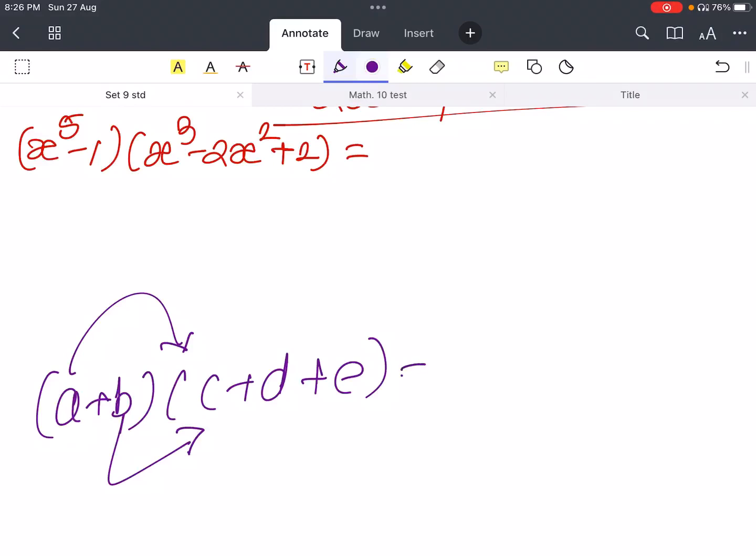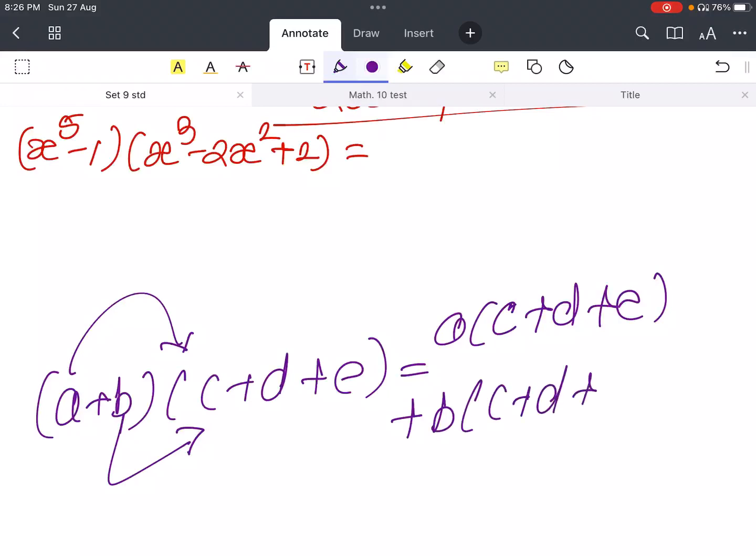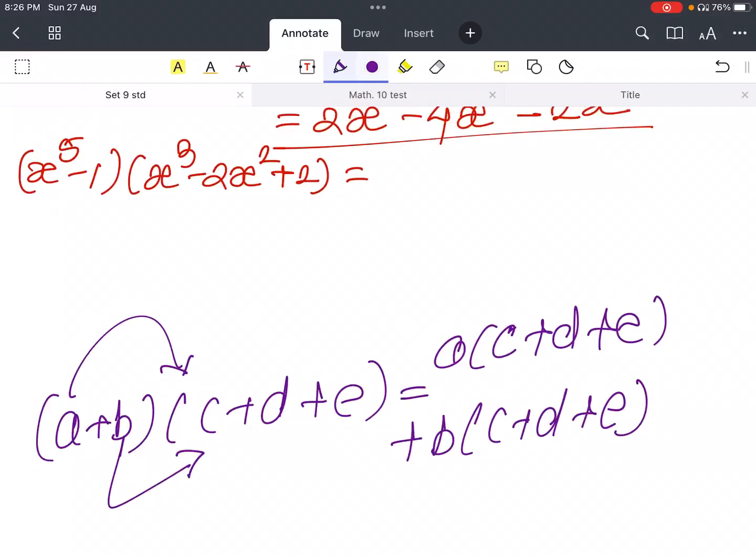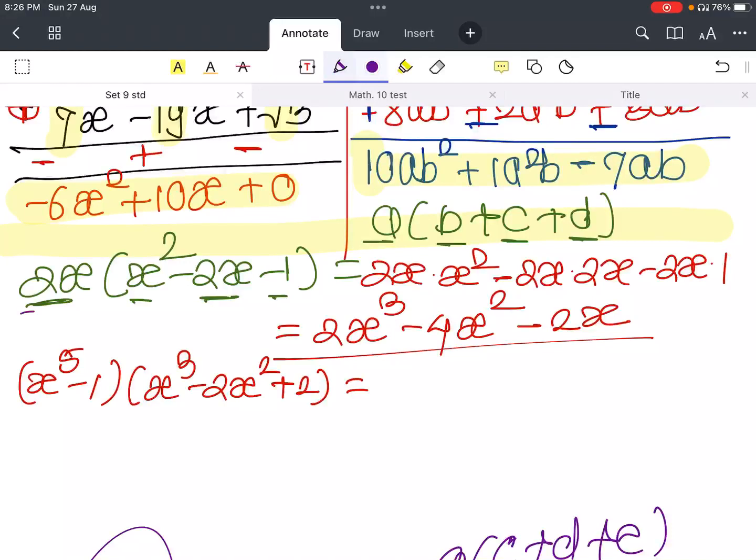So we are using this formula: a into c plus d plus e, plus b into c plus d plus e. Clear? We have to repeat this operation two times to solve this equation.